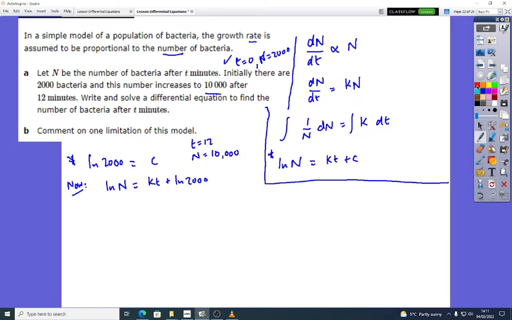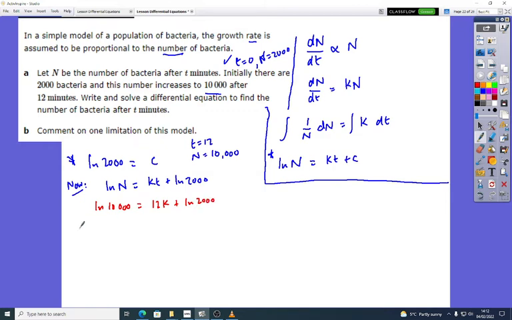So now I'm going to plug that condition in to get k out, hopefully. That's going to give me ln of 10,000 equals, t is 12, so 12k plus ln of 2,000.